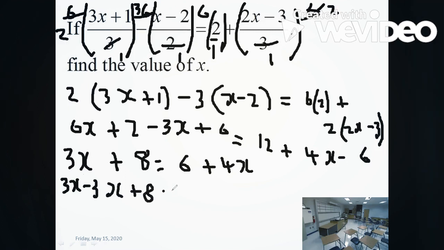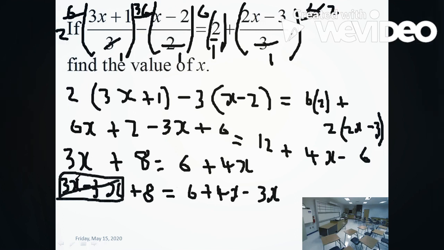And because I subtracted on the left hand side, I have to do likewise on the right hand side. So over here, 3x subtract 3x is 0. That will go away. So we end up with 8 equals 6. Now 3x from 4x is just x, or 1x.